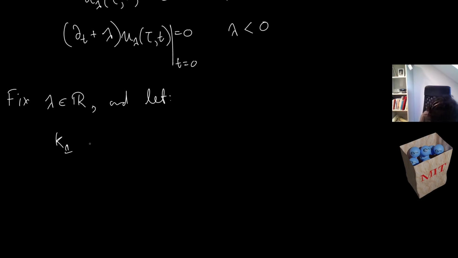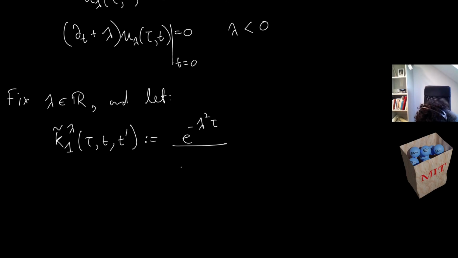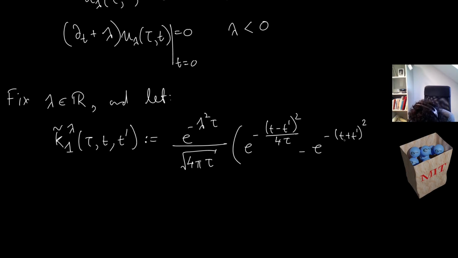So k̃₁,λ(τ, t, t') let's set to be the following: e^(−λ²τ) over the square root of 4πτ, times e^(−(t−t')²/4τ) minus e^(−(t+t')²/4τ). Okay, so there's a good reason why I'm doing this.